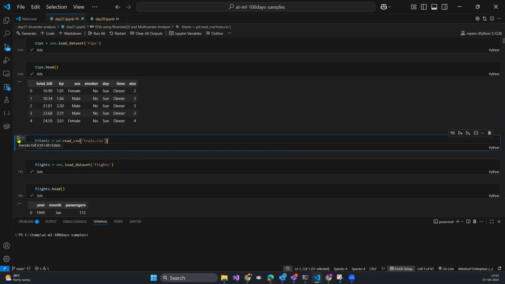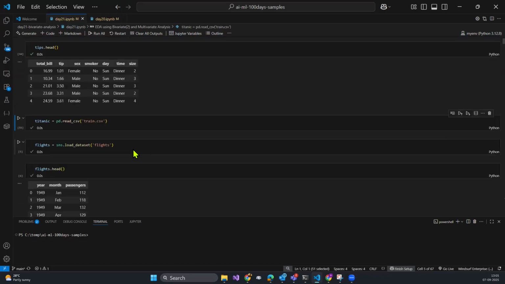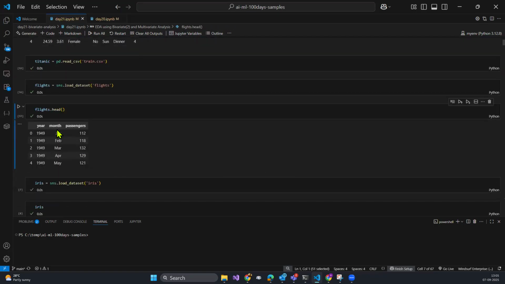Now we can wait while loading the Titanic data set as well, so that we will do with respect to Titanic. And also this is the flights data set. The flights data set shows the year and month and how many passengers traveled. Okay, and the next data set we have is the iris data set.